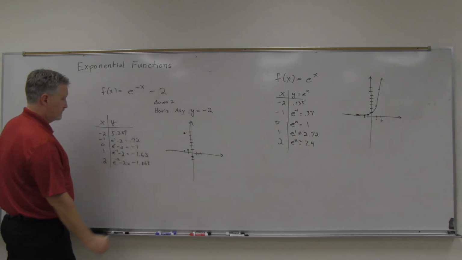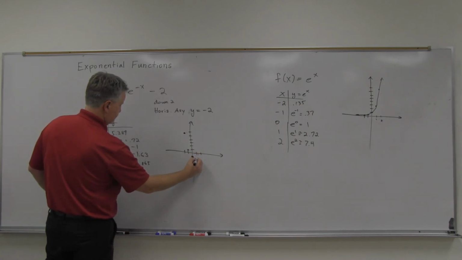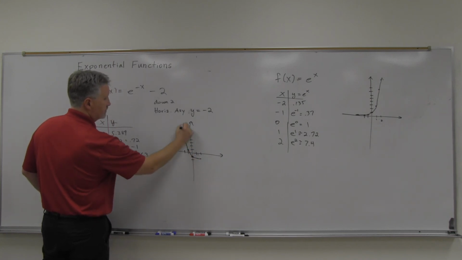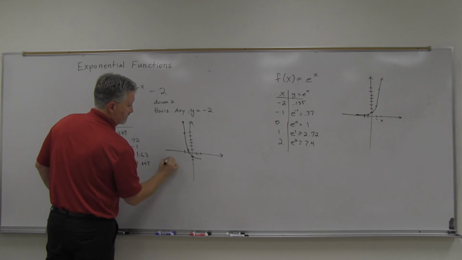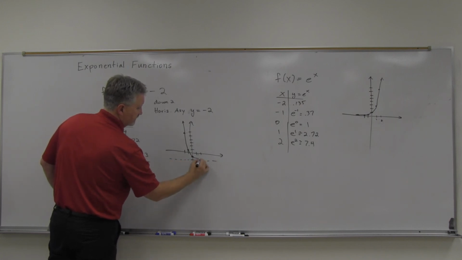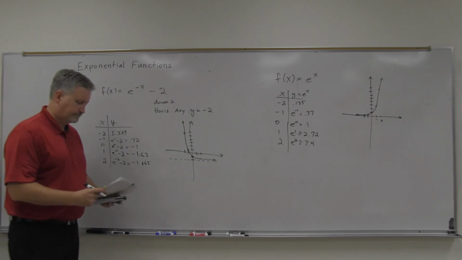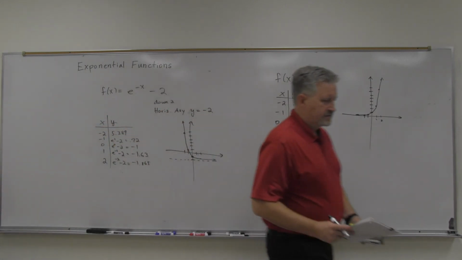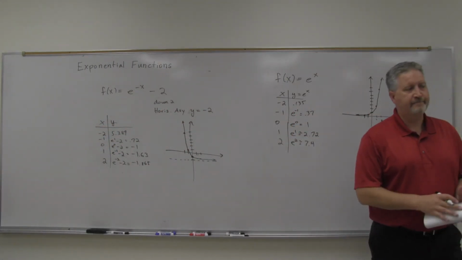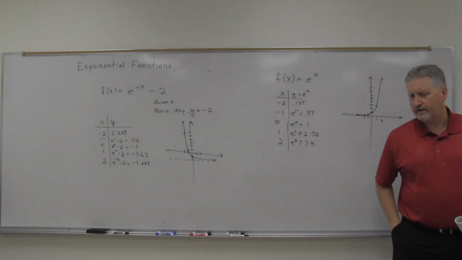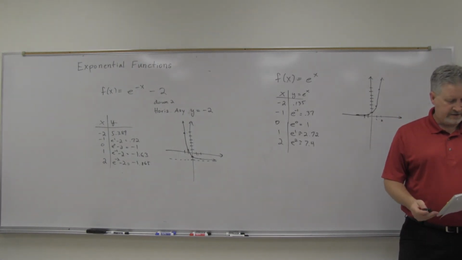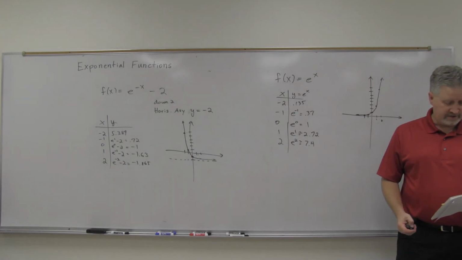And then 1 and 2, negative 1.63, negative 1.86. Yeah, so we've got this shape, and the horizontal asymptote's out here at negative 2. Okay. So that's the natural base. So it'll come up quite a bit in some things we'll talk about.